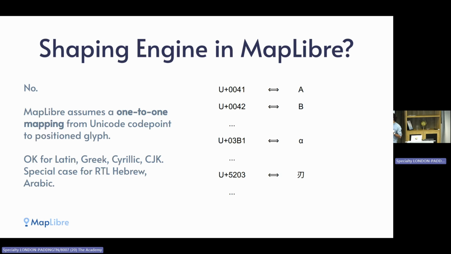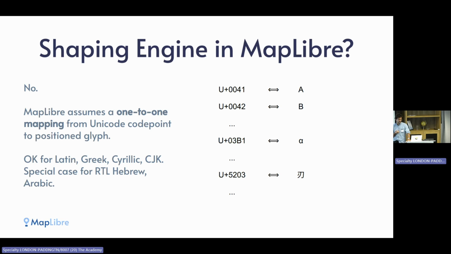Here is the Korean or Japanese letter. Now you can't distinguish which one we get, because we don't know the language. This assumption makes the whole engine much, much simpler, because you don't have to have a text shaping engine at all. It works well for Latin, Greek, Cyrillic, and CJK, which is Chinese, Japanese, Korean. And we have a bit of special logic to handle Hebrew and Arabic, which are right to left languages. But basically that's it.